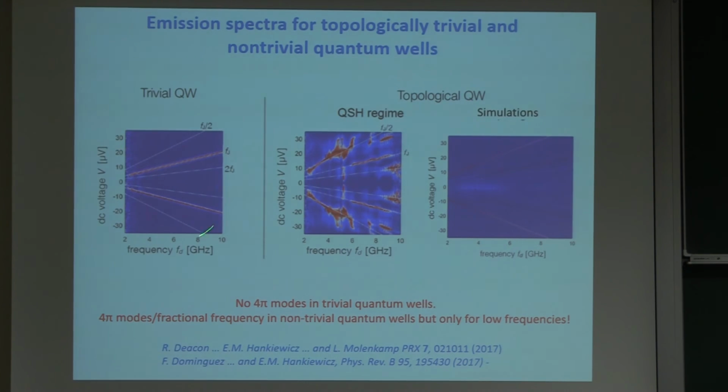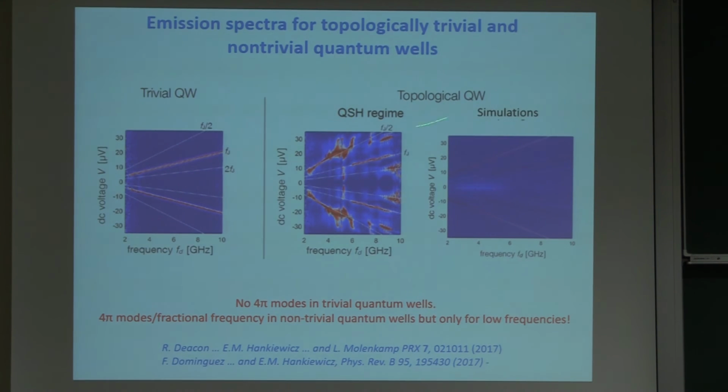So in the trivial quantum well, meaning if the mercury telluride quantum well is very narrow, you observe a usual Josephson emission, and both the emission spectrum as well as the Shapiro steps with the frequency of fJ.